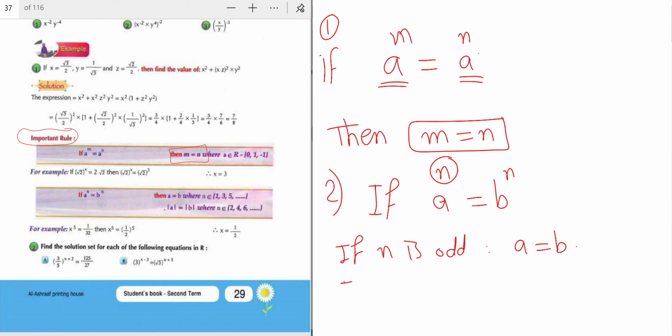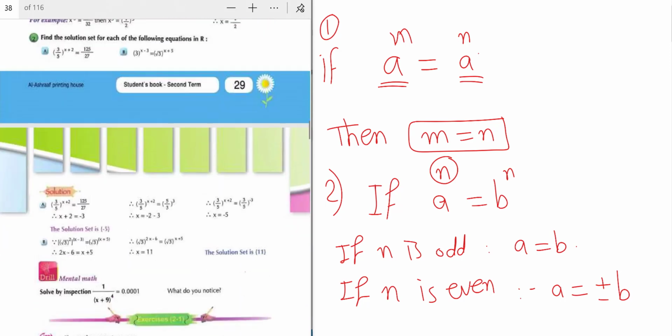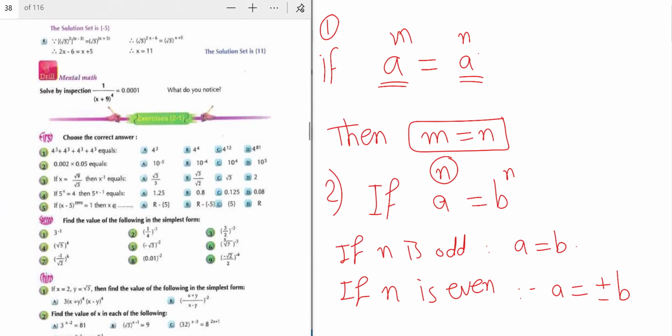But if n is an even number, then a equals positive or negative b. The first base equals positive or negative the second base. Let us take an example on this rule.